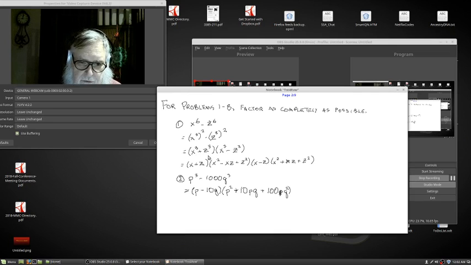Now, we also have the special formulas for a sum of cubes or a difference of cubes. For the sum of cubes, it'll just be x plus z times x squared minus x times z plus z squared.